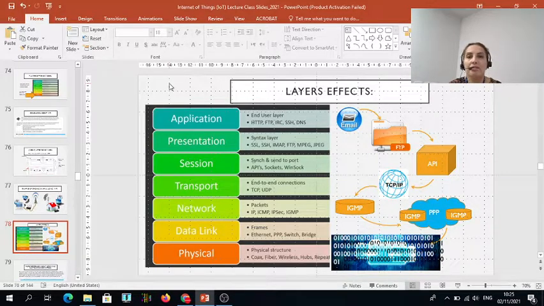So we start from the application layer. The application layer is exactly the thing that the user interacts with. The user sees and feels what it is doing. So that would be the email itself from Windows or Android or any operating system that we are using.